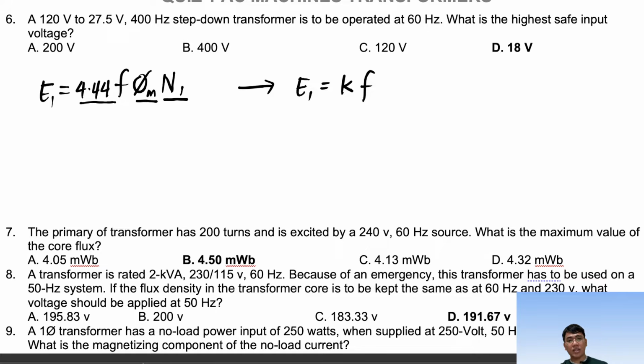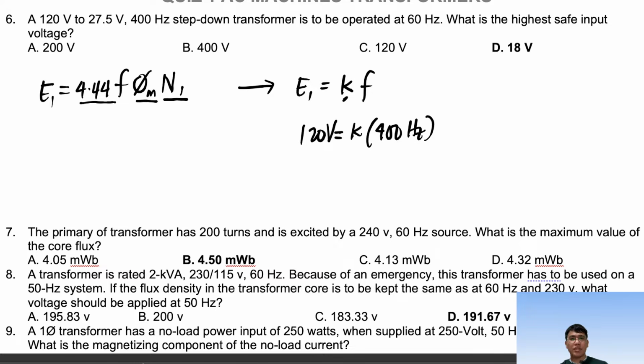So it is now K. E1 equals Kf. In this case, we are talking about the condition when the input is 120 volts. Therefore, it is K times 400 hertz.